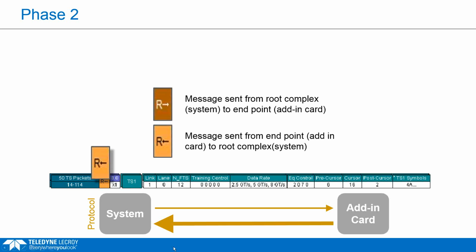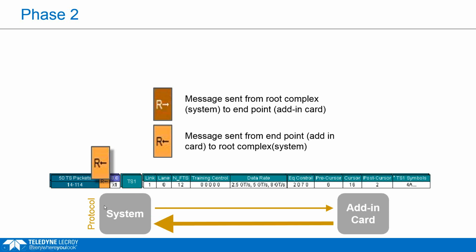The first thing you want to look at whenever you're looking at one of these protocol analyzer traces is this R over here. This indicates which direction the packet is being sent. The R stands for root complex, and the arrow tells you which direction the packet is moving relative to the root complex. As an aside, there are several different names you can call these two pieces.